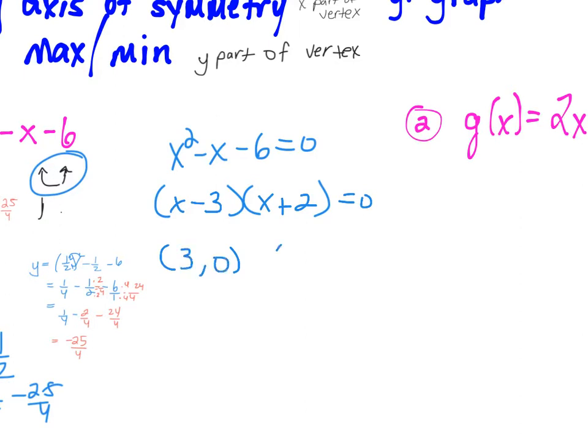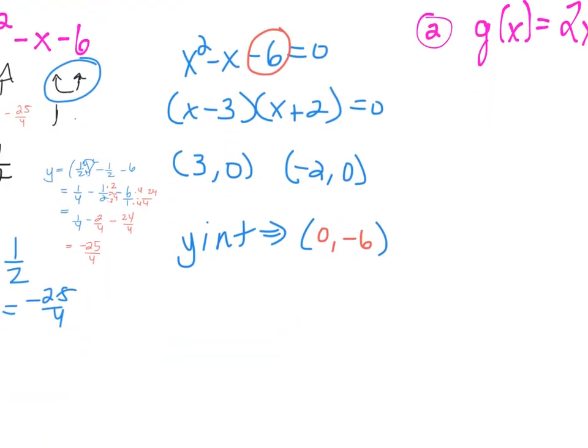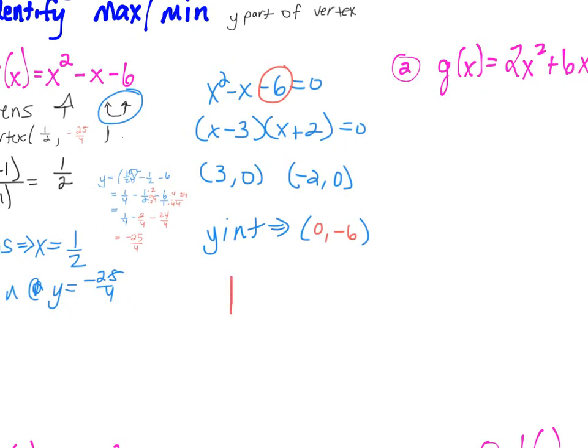Positive 3, 0. Negative 2, 0. So my y-intercept. Where's my y-intercept? At -6. If I plug in 0 for x, my y-intercept's at -6. So now if you guys had to graph this, okay, don't freak out about graphing. Graph the intercepts.